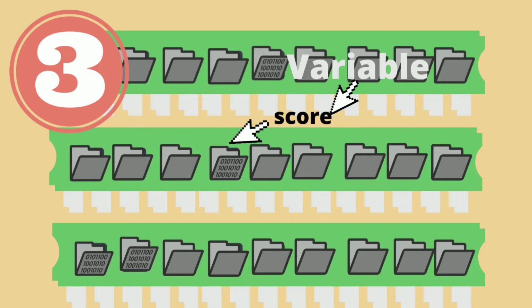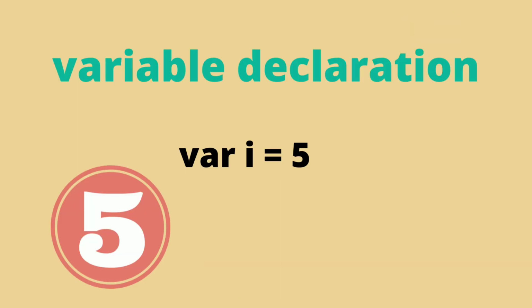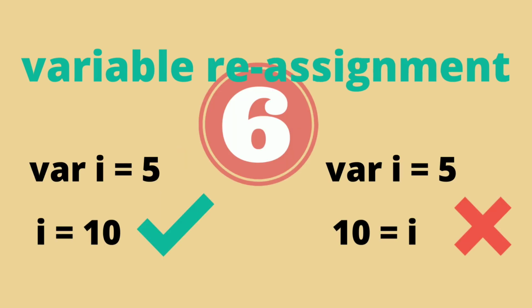You can also assume it like a label to the box which contains that particular value. A variable can only hold one value at a time, not more than one. This is how you declare a variable, and this is how you declare and assign together. This is how you reassign a variable value. Vice versa does not work.